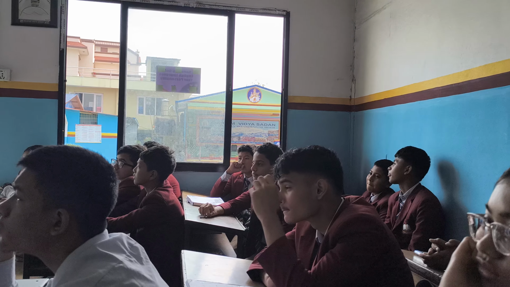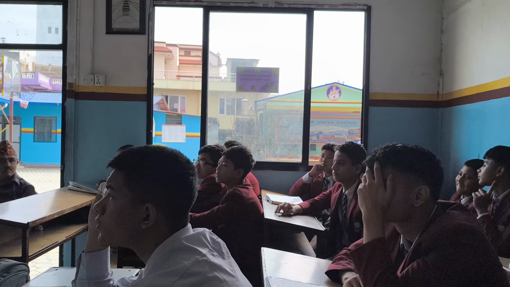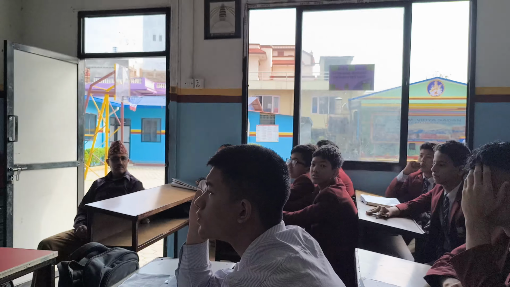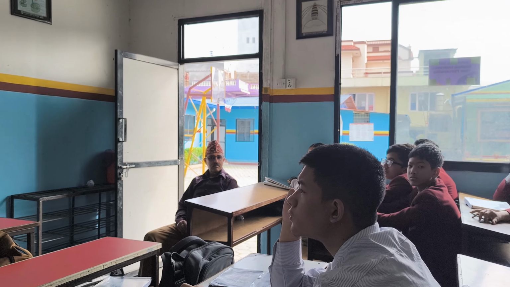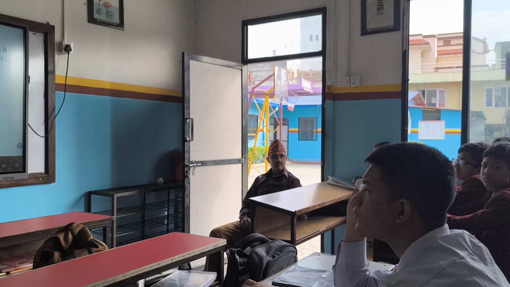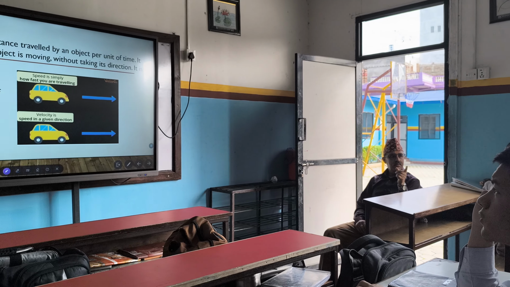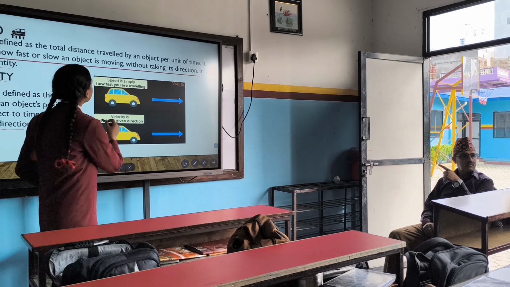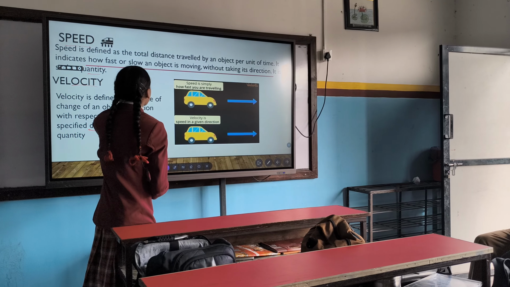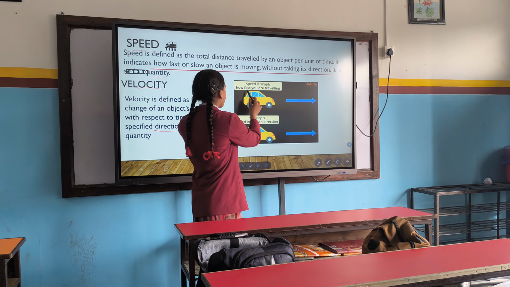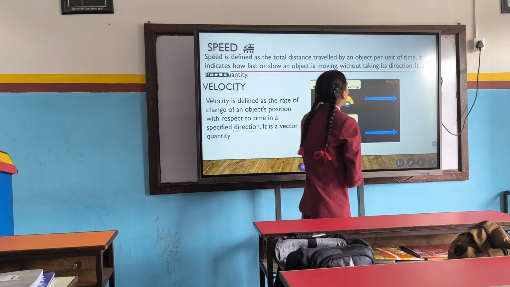Velocity is defined as the rate of change of an object's position with respect to time in a specific direction. It is a vector quantity. And here is the figure of speed and velocity.